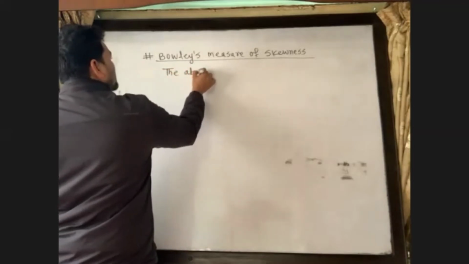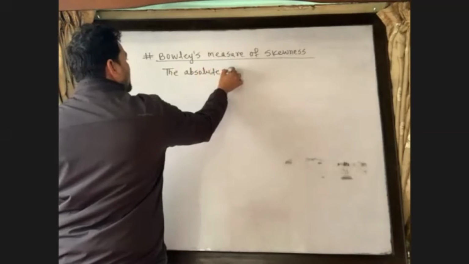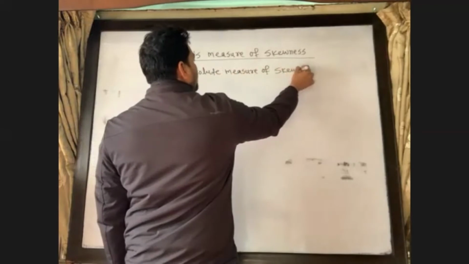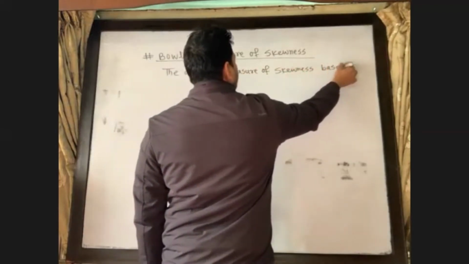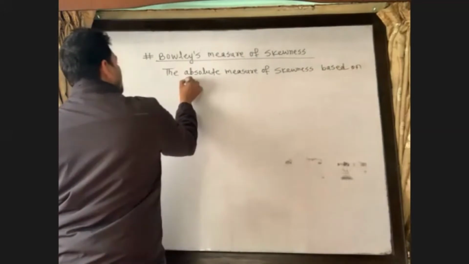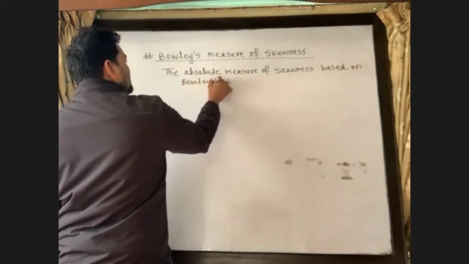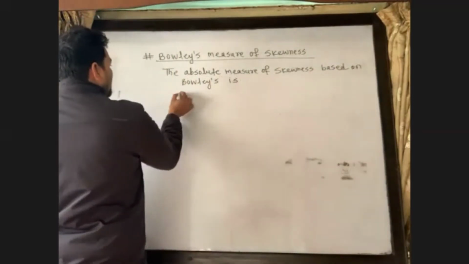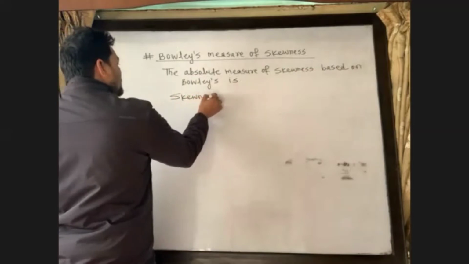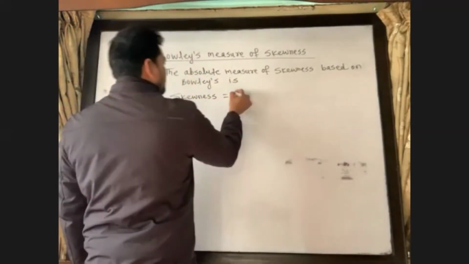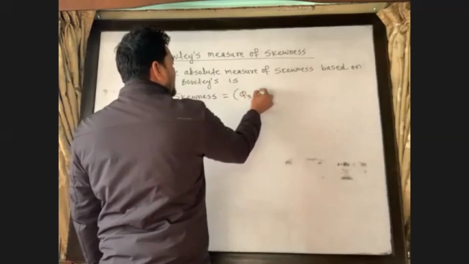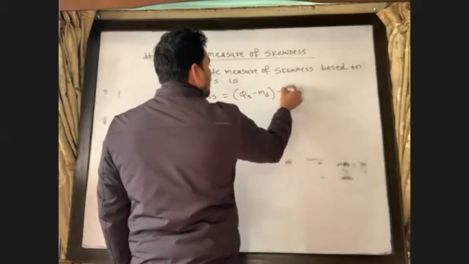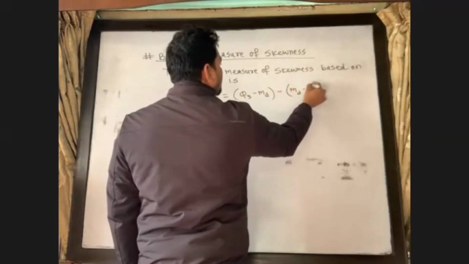The absolute measure of skewness based on Bowley's is skewness equals the formula: Q3 minus MD, then minus MD minus Q1.